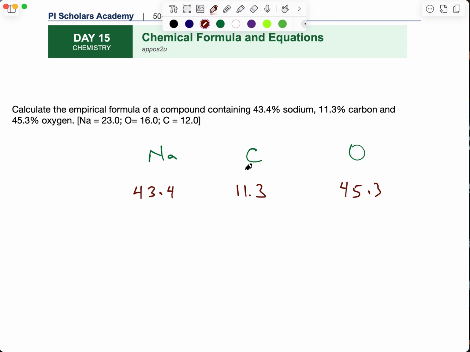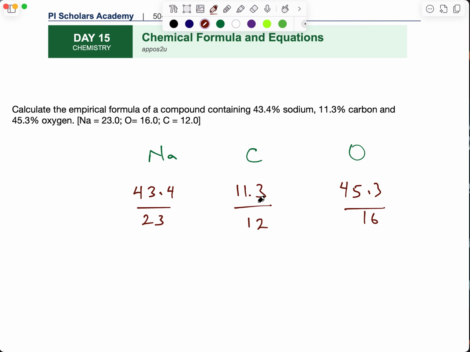Next, we look at the mass number of each of these, their RAM, relative atomic mass, then we divide each percentage by mass by the relative atomic mass. For sodium, it's 23, so we divide this by 23. For carbon, it is 12, so we divide this by 12. For oxygen, it is 16, so we divide this by 16.